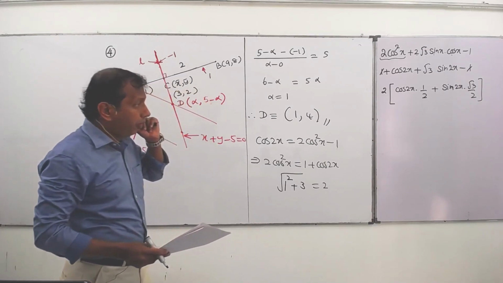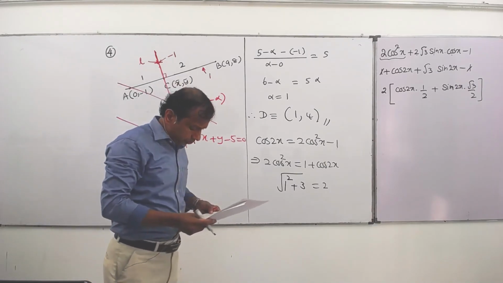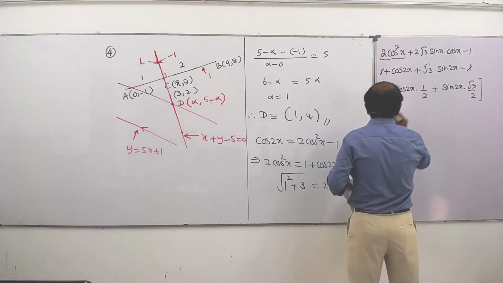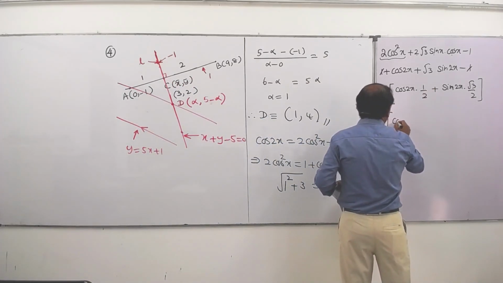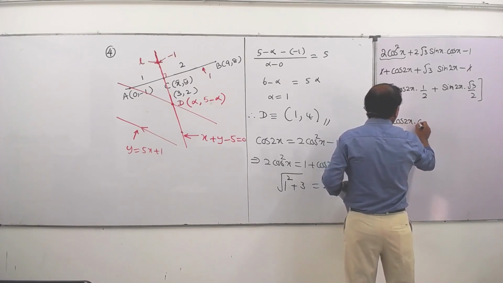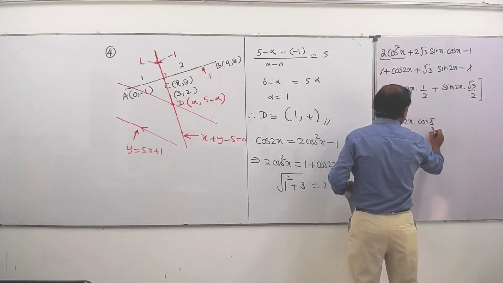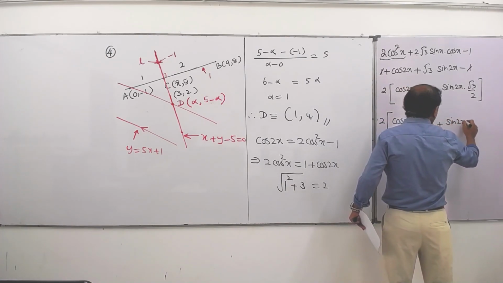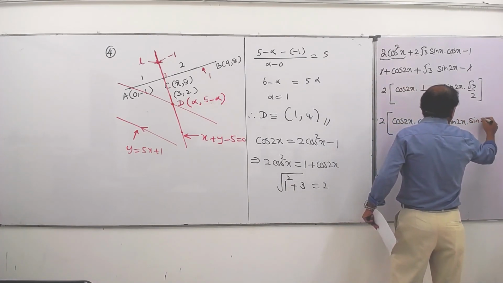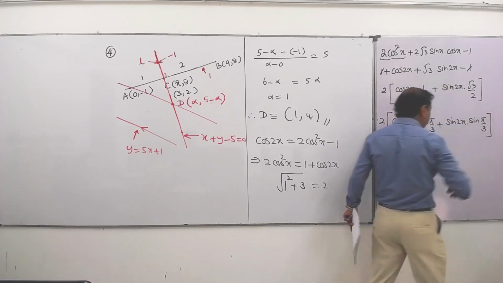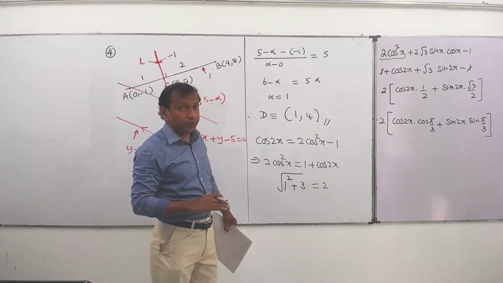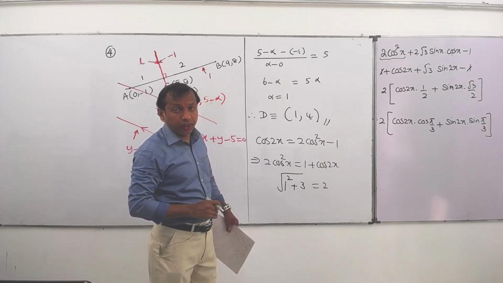Now you can see here, this half we can write as cos pi by 3. Root 3 by 2 we can write as sin pi by 3, like this. Then with the bracket you have cos A cos B plus sin A sin B, that is cos(A minus B).